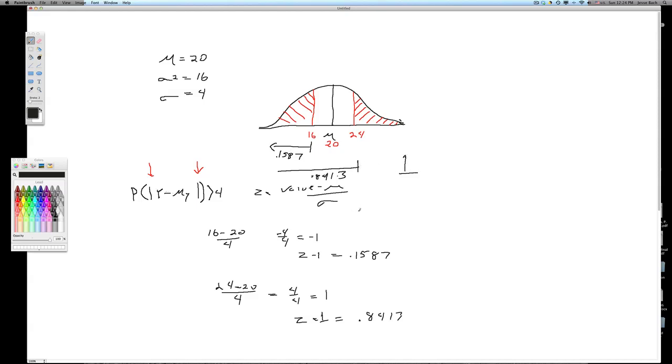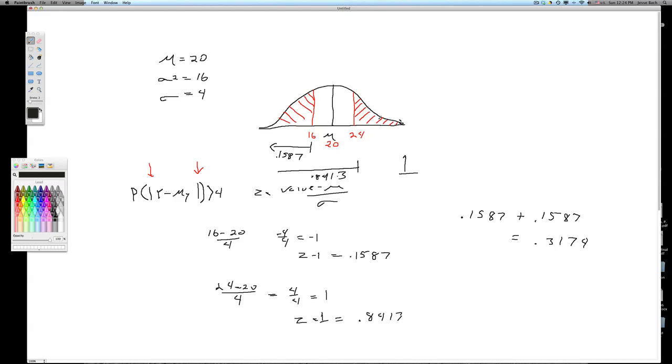So the easiest way to do this is, since it's equal, 0.1587, you can go 0.1587 plus 0.1587, and that will give you 0.3174.